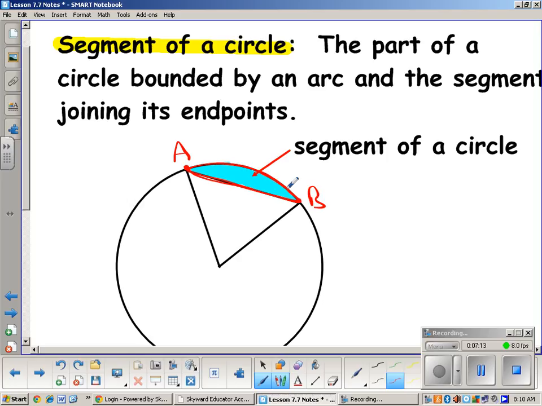So it's bounded by an arc and a segment connecting the endpoints of that arc.